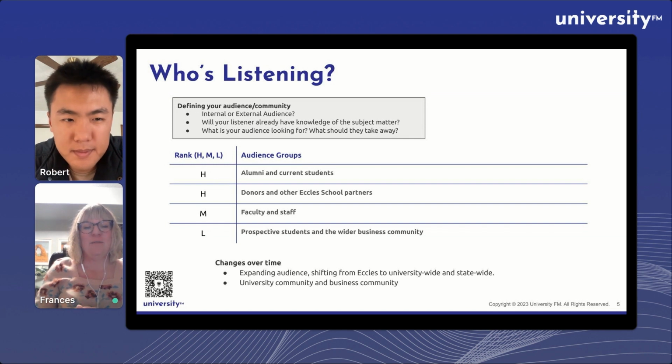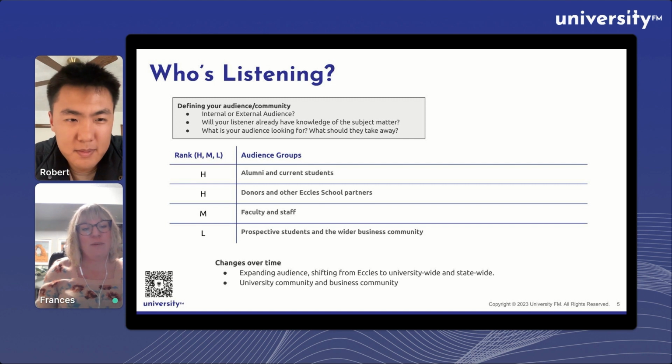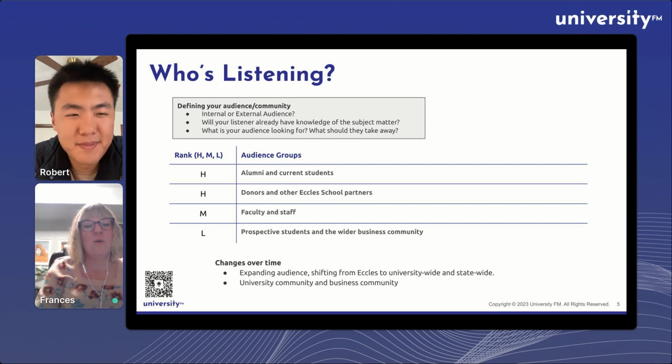We found that the topics that were most interesting and gained the most traction were applicable to the wider business community, not only news about the school or news that would only be interesting to alums. And so with that in mind, as we've brainstormed topics and guests as well, which we'll talk about a little bit later, we've really started to cast a wider net.